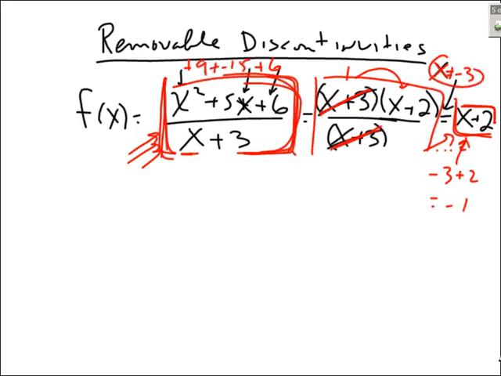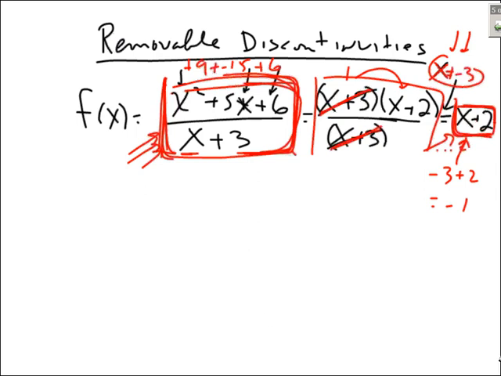They didn't agree. This did not equal x plus 2. Okay? Because at negative 3 we claim, we stay at negative 3, they're not equal.